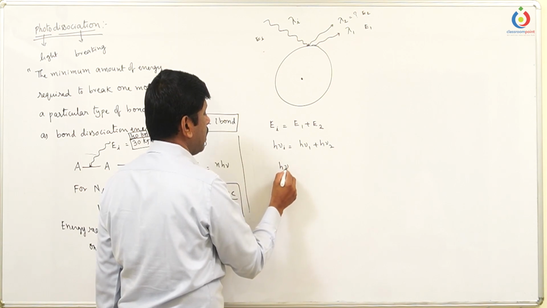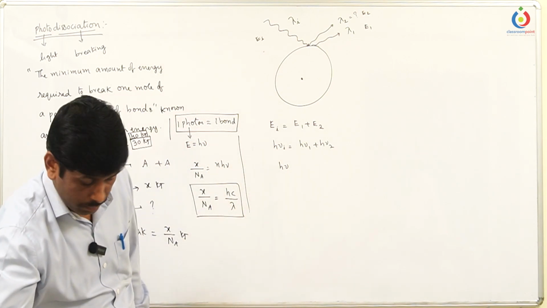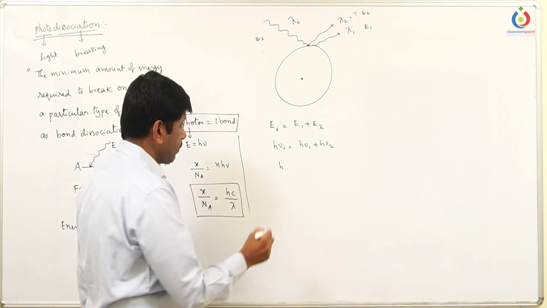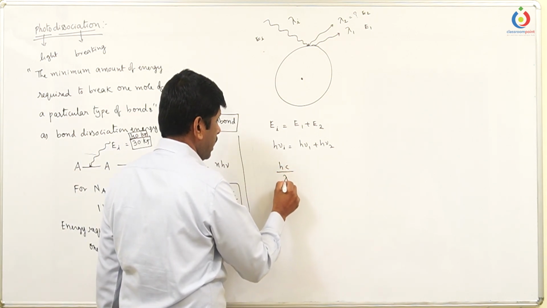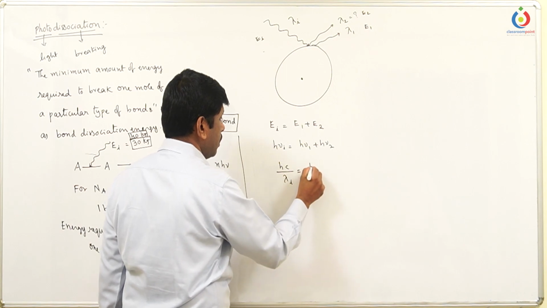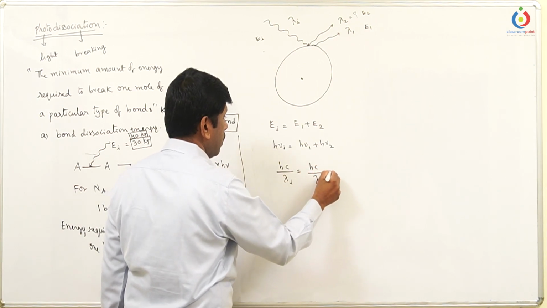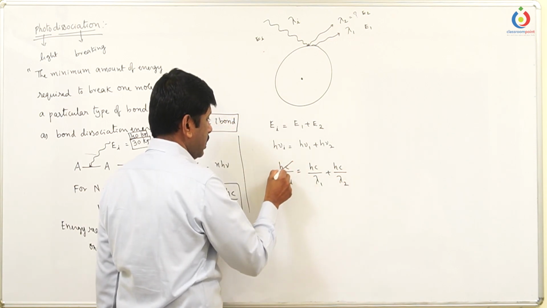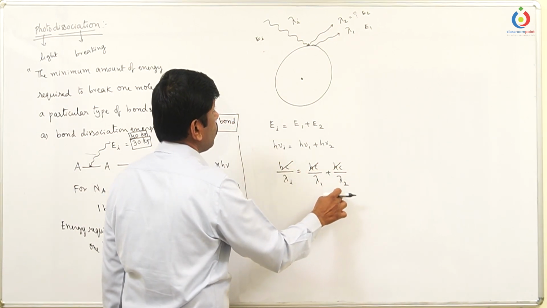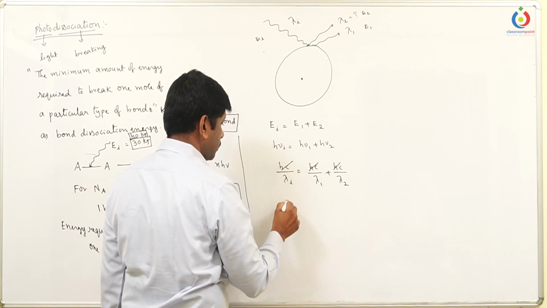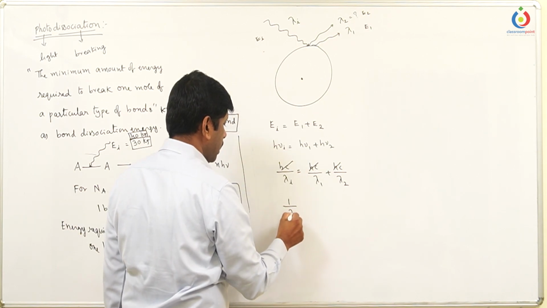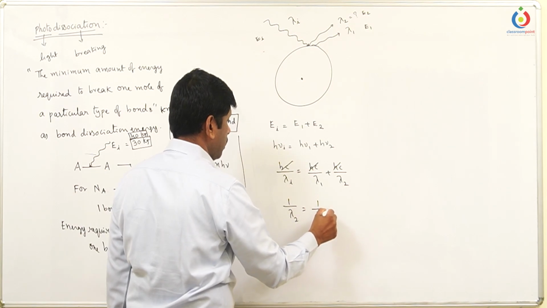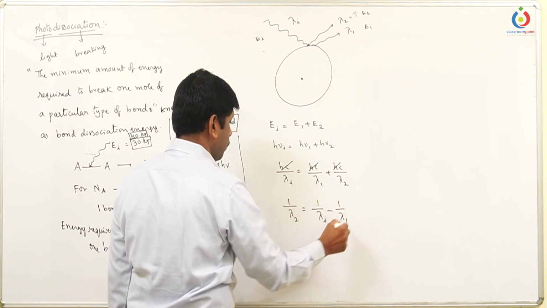So directly we can write hc by lambda I is equal to hc by lambda 1 plus hc by lambda 2. hc cancels out. We need to calculate lambda 2. So 1 upon lambda 2 is equal to 1 upon lambda I minus 1 upon lambda 1.